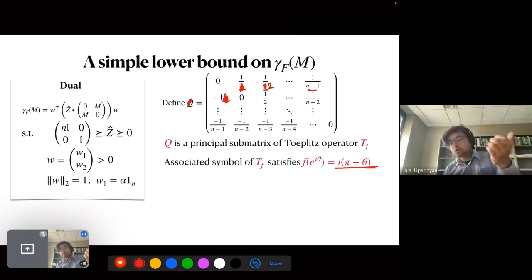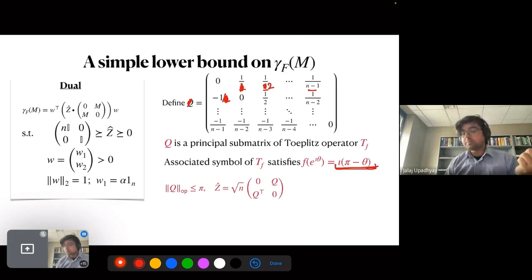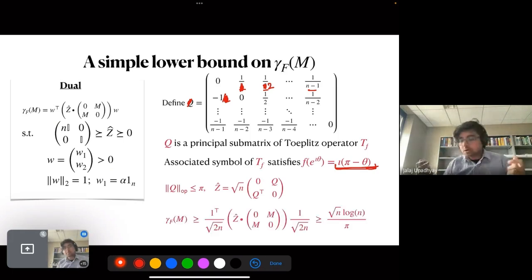Basically, the spectral norm of a Toeplitz matrix is just the supremum of its symbol. That's about it. So the supremum of this is pi, easy to compute. Theta is over the unit ball, and if I do this computation, I get a nice lower bound.